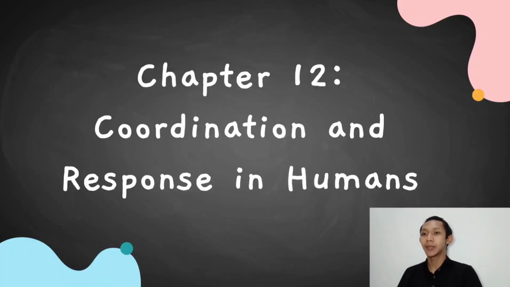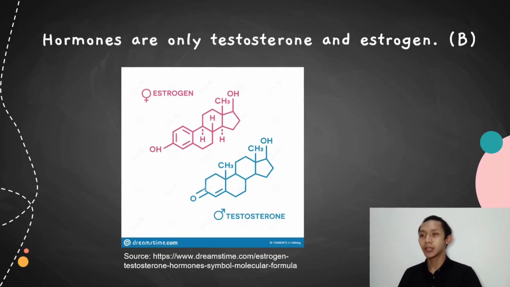Okay, next is chapter 12, which is coordination and response in humans. So the misconception of this chapter is that hormones are only testosterone and estrogen. The student has this misconception before learning the topic, which is they have pre-knowledge about this topic from when they learned in lower form, and they have pre-knowledge about this topic from other sources.